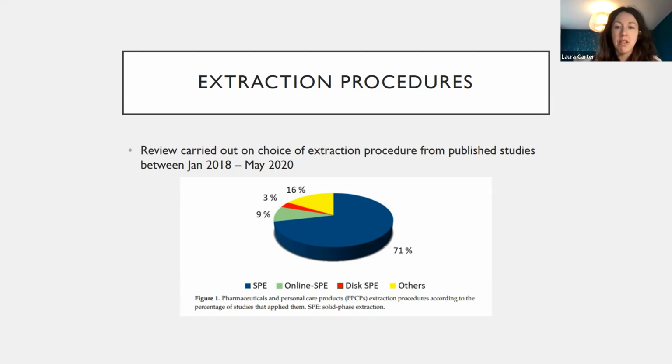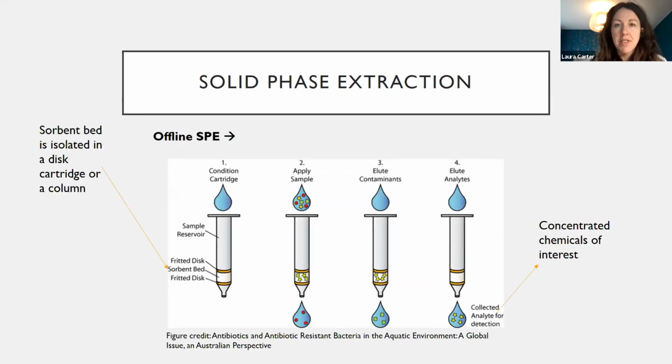But on the counter argument, SPE has many benefits. If you have particularly mucky samples and filtration just won't work alone, then SPE will be necessary. As well as if you really need to concentrate your samples, then SPE is something that you can do for that.